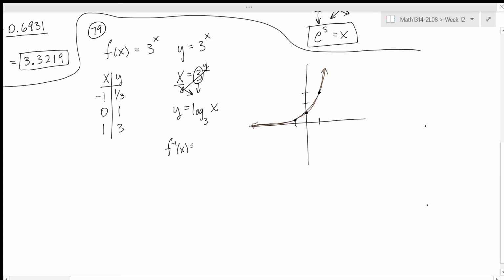And do you see how nicely that isolates y? That's the only reason really that logs were invented, was to find the inverse of an exponential. They had to have some way to get that y down from the exponent, and they said, well, we're going to need logs. Yeah, so now this is the inverse function, log base 3 of x.